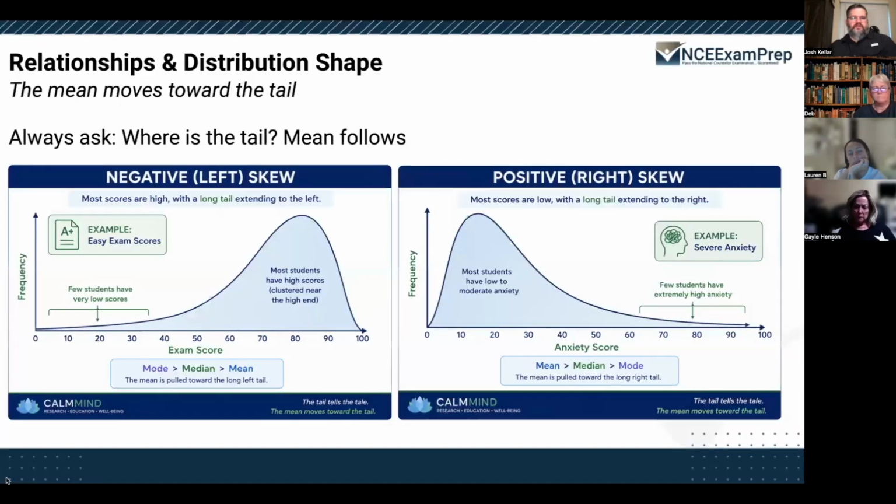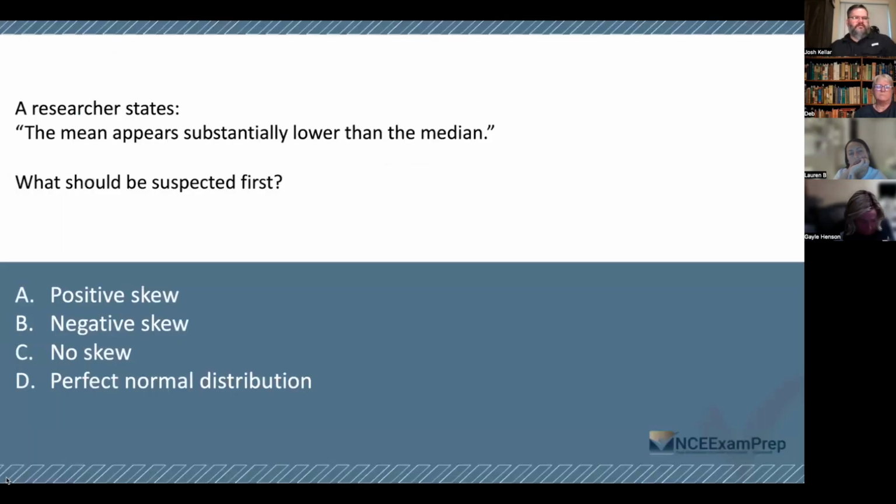Most of the scores are going to be on the high side, on the right. And because there's a few scores that were lower, and most of them are higher, is that a positive or a negative skew? It'll be negative skew.